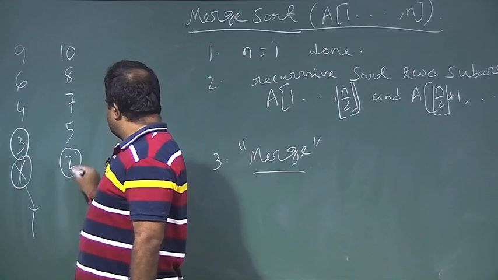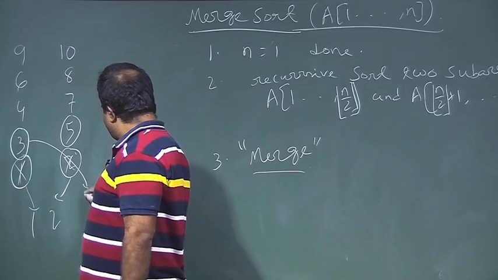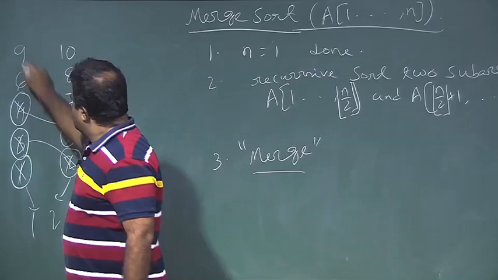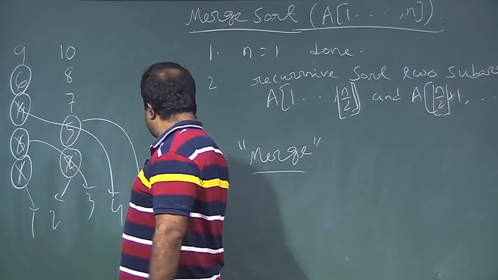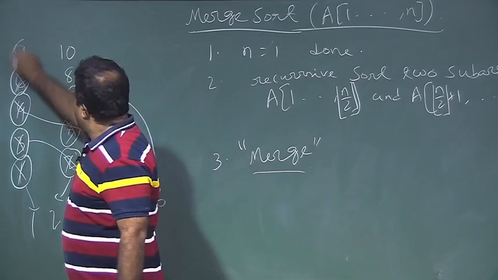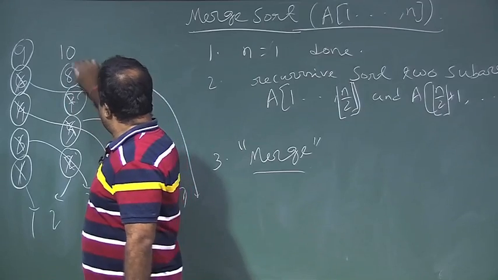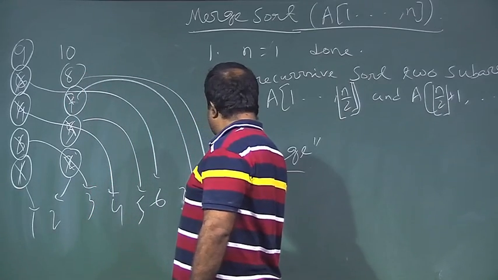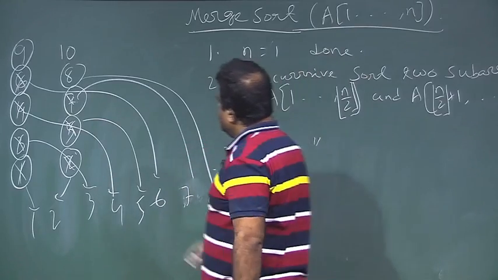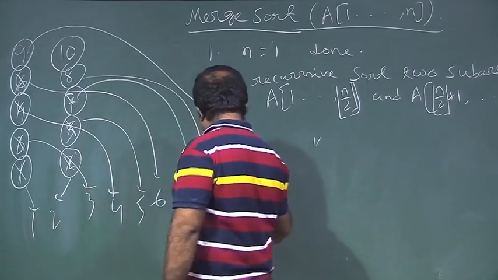Now, we compare these two. 2 is the least, we output 2. 3 is the least, we output 3, then 4, then 5, then 6, then 7, then 8, and then 9, 10.